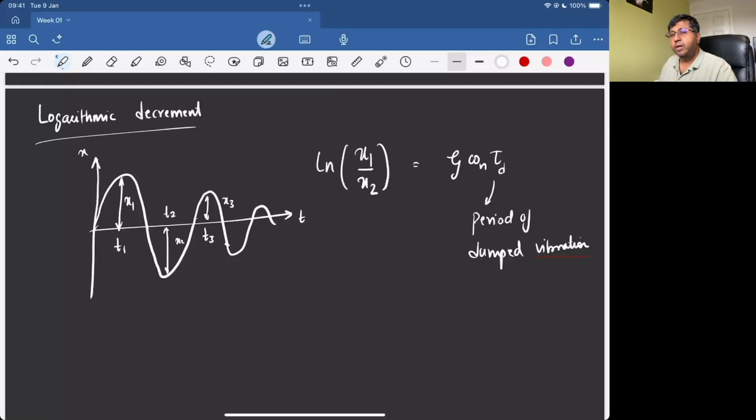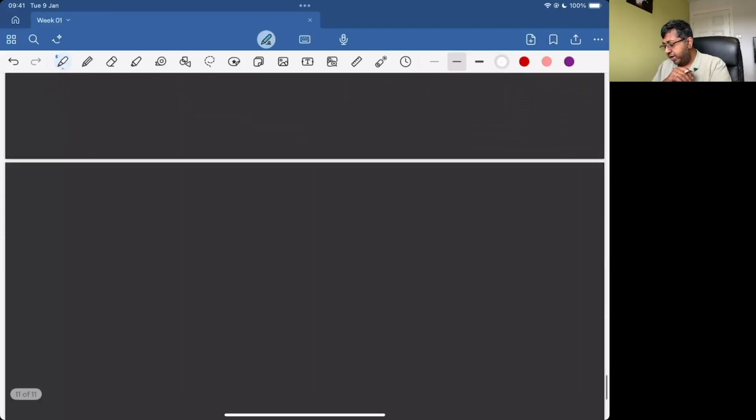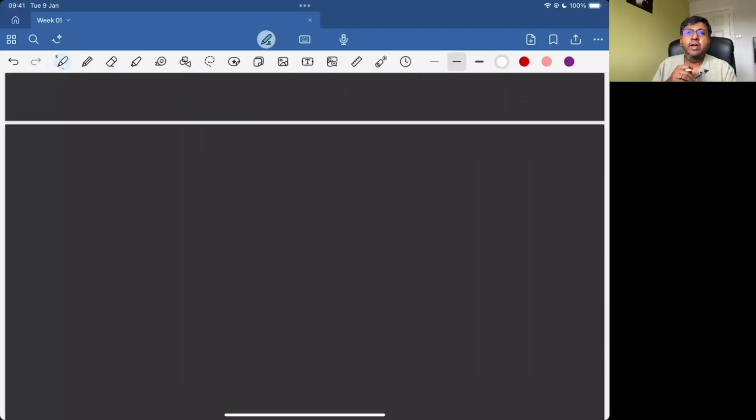Right? And then we use this idea of logarithmic measure to understand how fast the amplitude is reducing. These were all the concepts that we had covered in free vibrations, both undamped and damped vibrations.